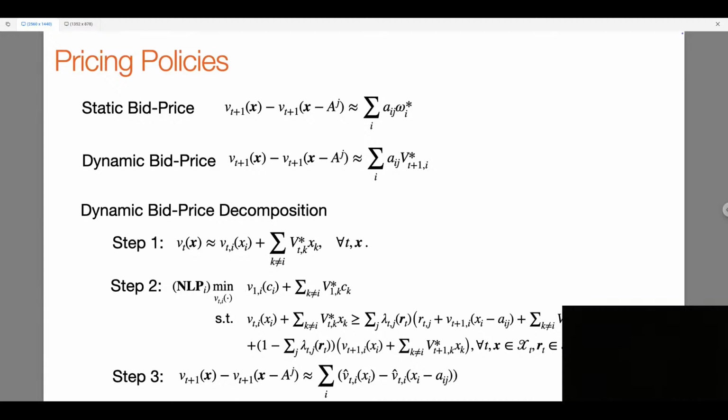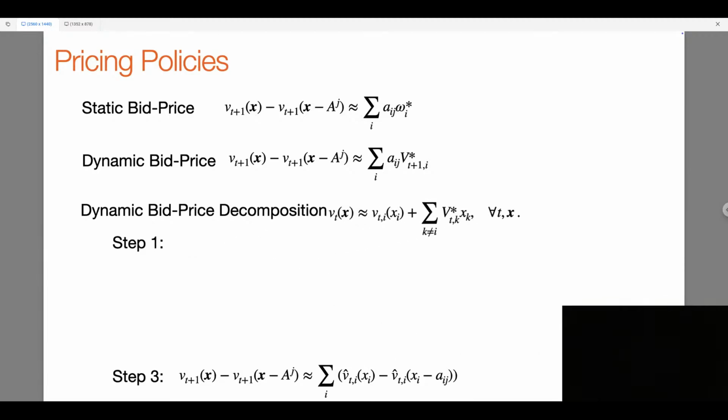And for this computation, we actually want to separate all the dynamics and uncertainty from other resources, and we constrain our attention to only one kind of resource i, and try to find the optimal buy price and to approximate the result.